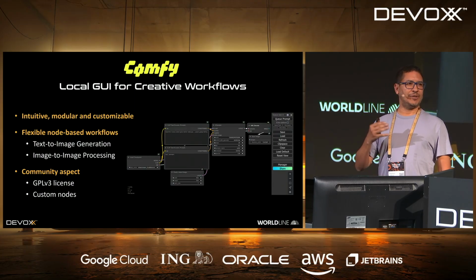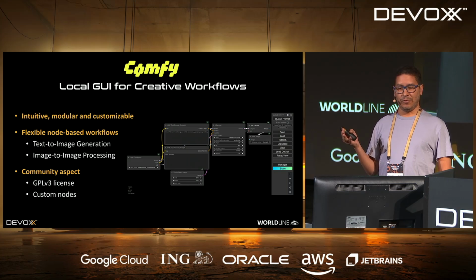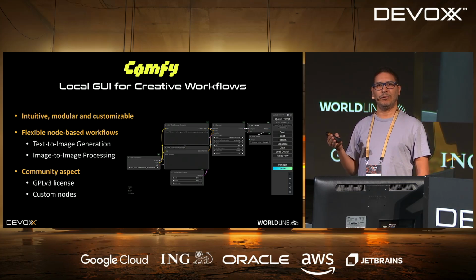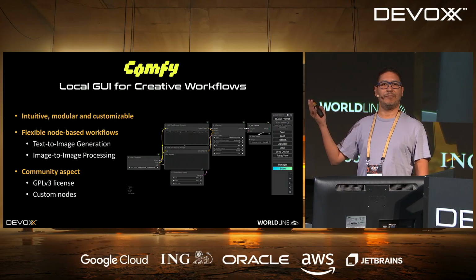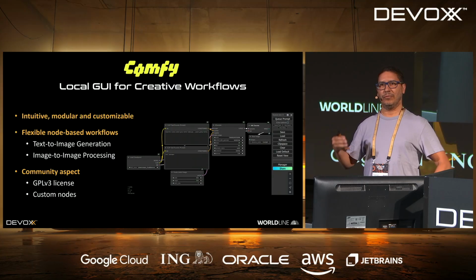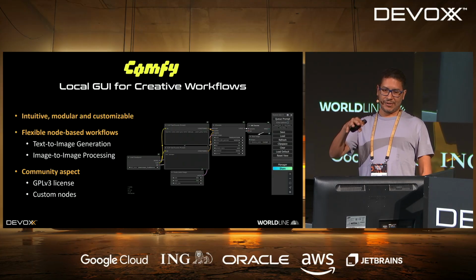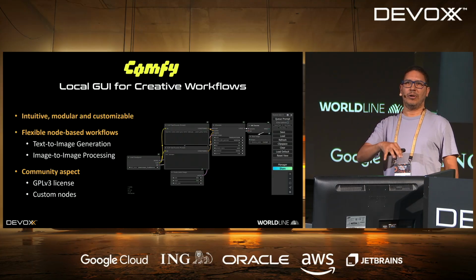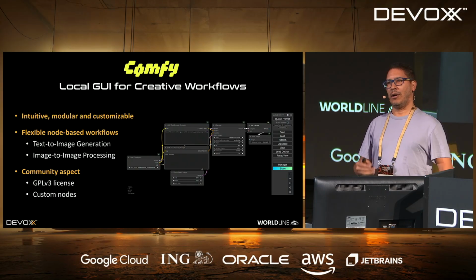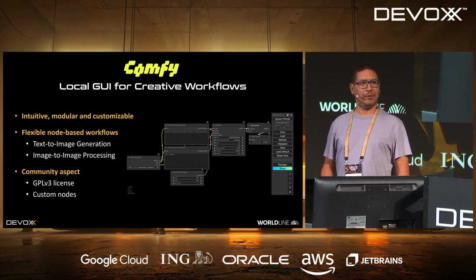You can do simple or very complex workflows, and it's also community-based, meaning that it's extensible with the notion of custom nodes, kind of plugins. There are a lot of people contributing custom nodes, so you can do a lot of things with this tool that is becoming more of a platform for me, not only a tool. And actually, some people are running Comfy as a service right now.